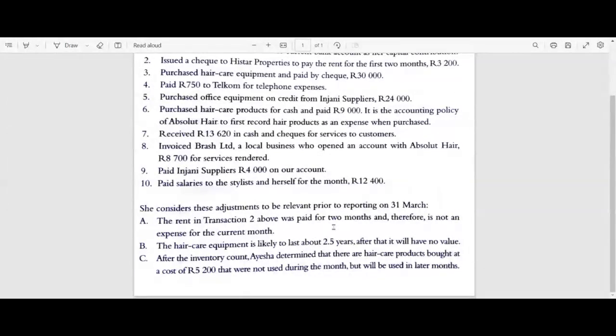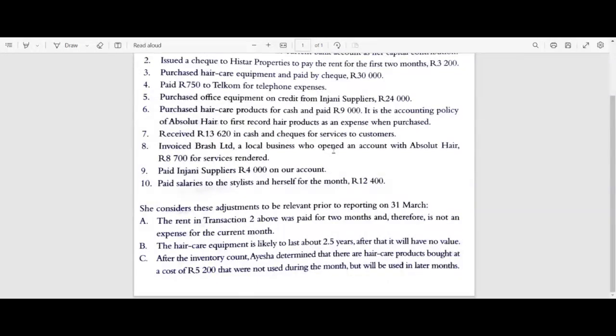So if we had split it up initially, we did that in our second method, right? If you remember, we did both situations. So if we split it up already, if we only debited the rent expense with 1,600 and we already debited our prepaid expenses with also 1,600, then it means we do not have to make any adjustment, right? So the adjustment is not necessary.